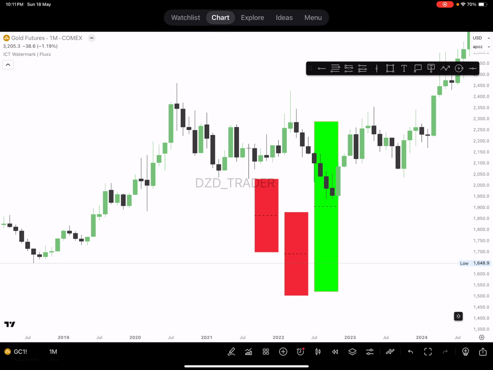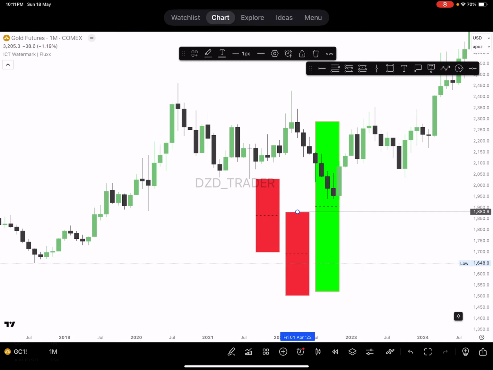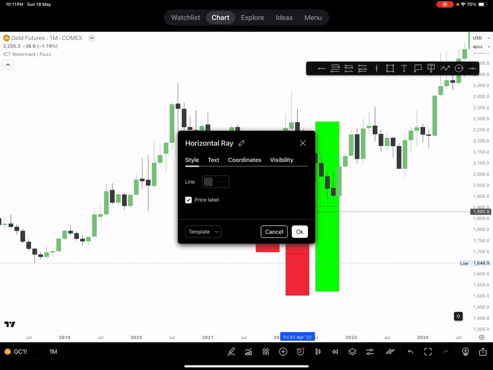So the candle before a bullish candle is a down close candle, which is a red candle, a selling candle, or a bearish candle.